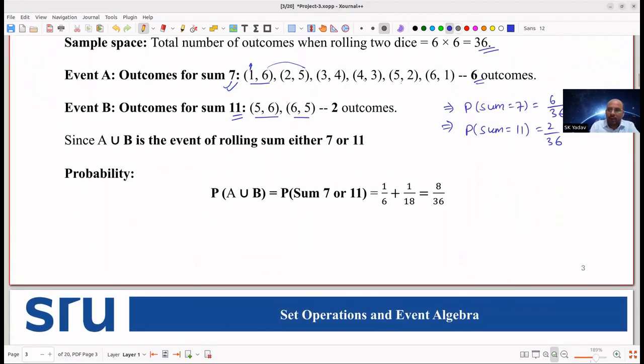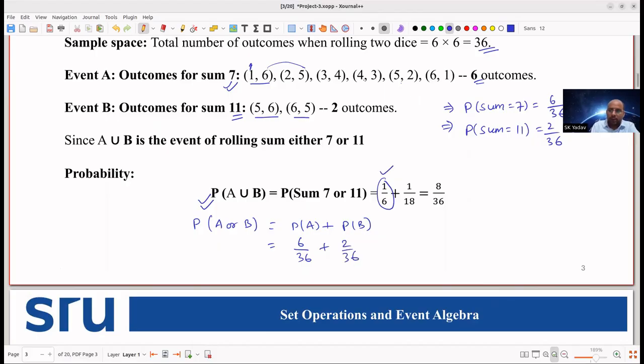So by using the third axiom, we can write the probability of at least A or B, P of A or B, equal to P of A plus P of B, which is 6 by 36 plus 2 by 36.